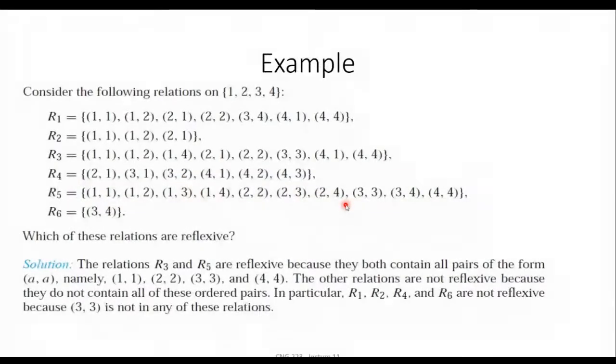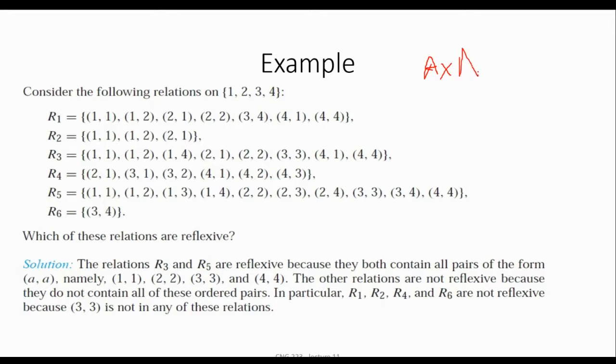Take a look at this example to see what we mean by that. It says that the relations R3 and R5 are reflexive because they both contain all pairs of the form (a, a). In this example, we have a set, and based on that we can have, for example, the A multiply A case.